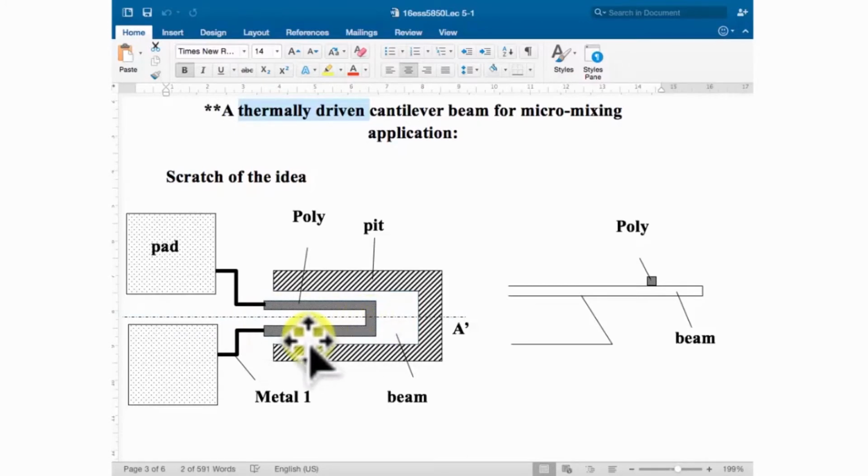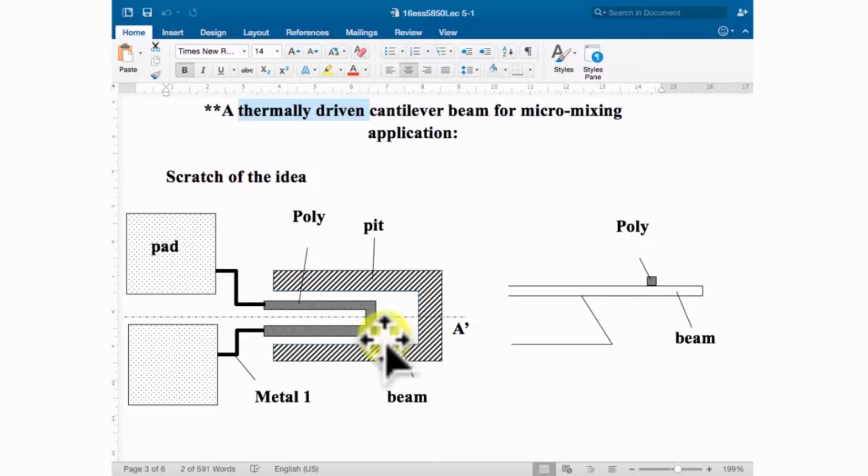Put the heater here. The heater material is polysilicon, for example, and on the bottom we have a cantilever made of silicon nitride, for example. These two materials have different thermal expansion coefficients. Before you heat it up, the cantilever is just standing there with a straight structure, no problem.